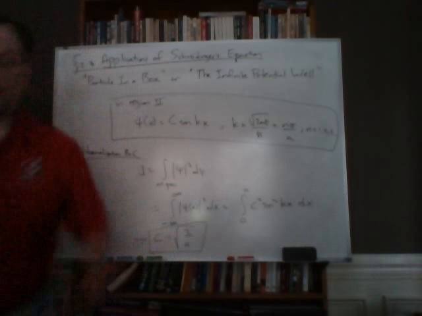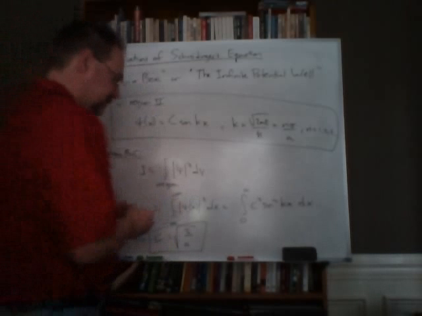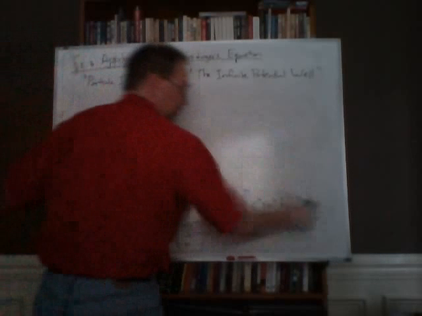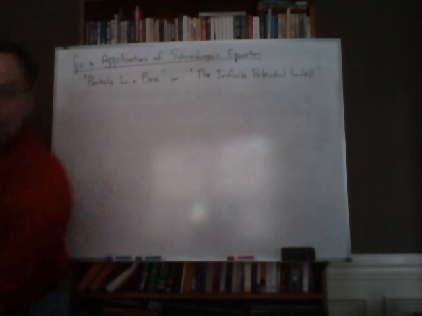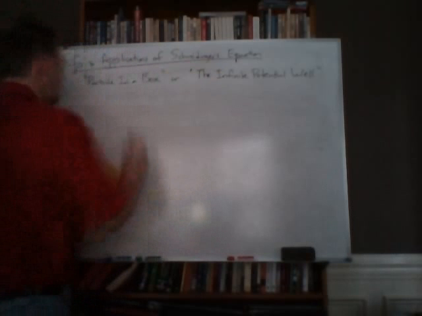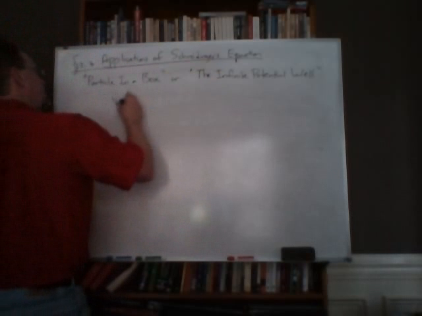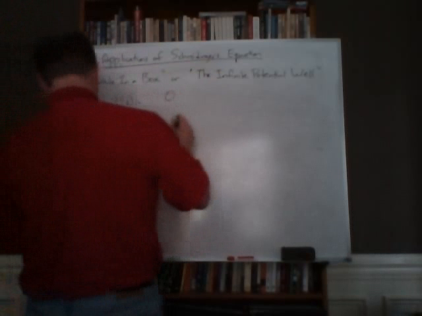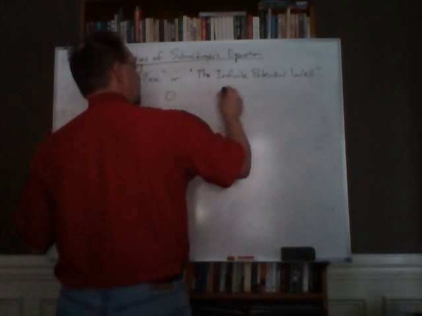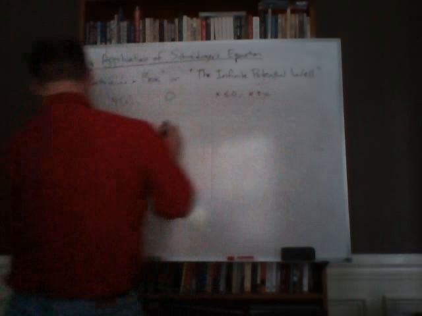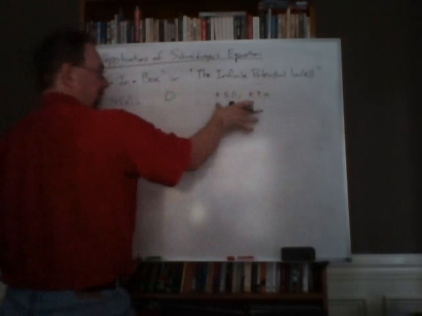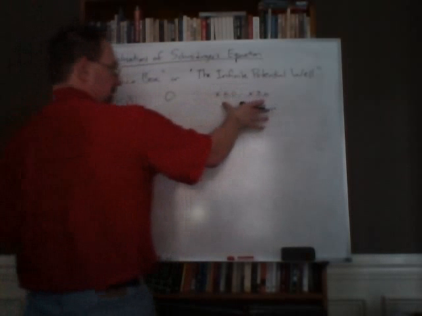All right, let's summarize once more what we've got. We've really solved the entire situation, and we're going to investigate some of the ramifications of this. So now we know that psi of x is 0 for x less than or equal to 0, and x greater than or equal to a. So that's outside the box, outside the infinite potential well.